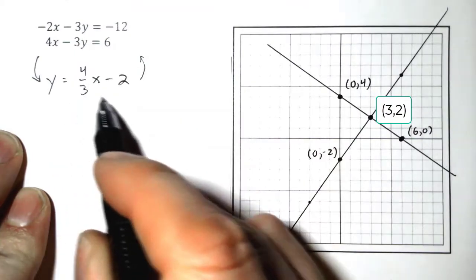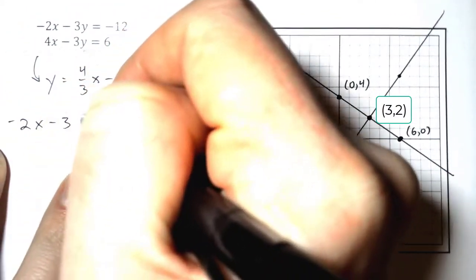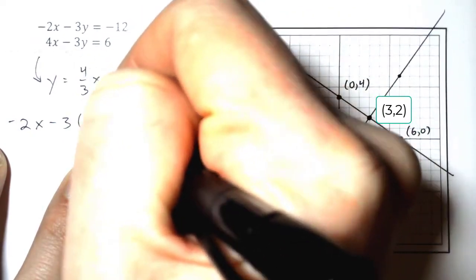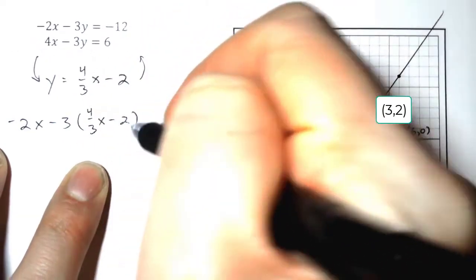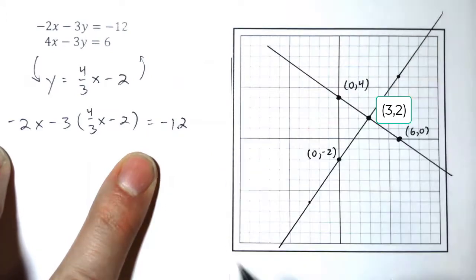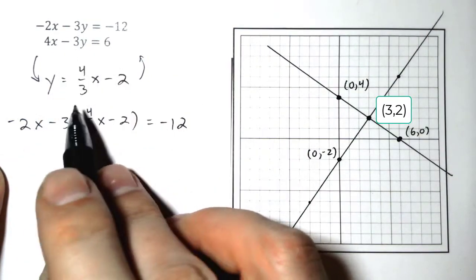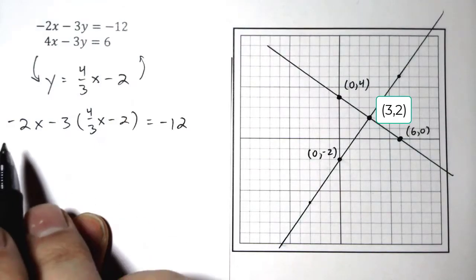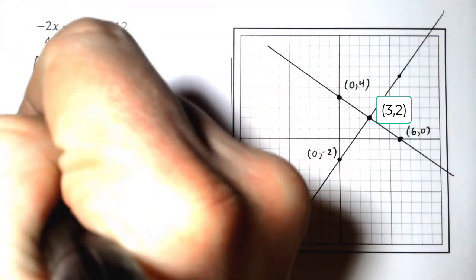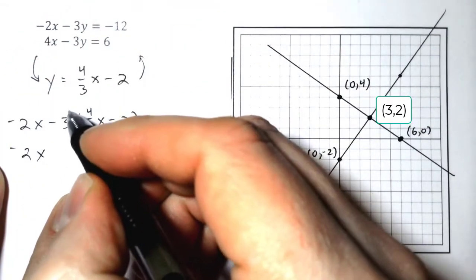Okay, so what do we get there? Well, in place of y, I'm going to insert this stuff. So I'm going to have negative 2x minus 3 times y, but y is this, equals negative 12. So in place of y, I put what I solved. Now let's simplify this. The 3 is going to distribute.